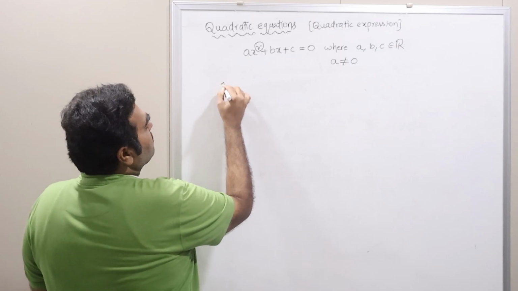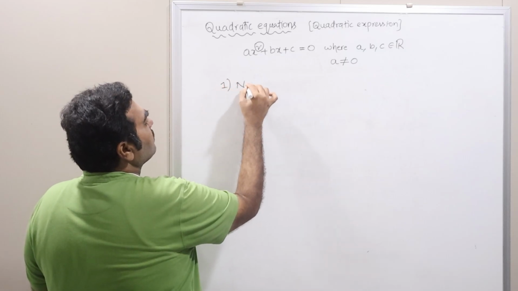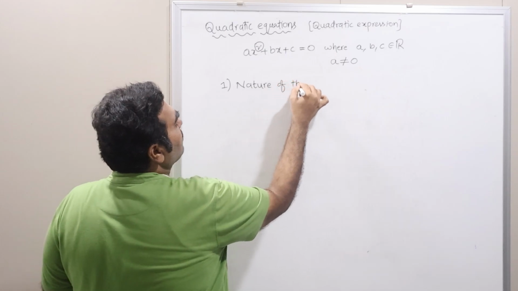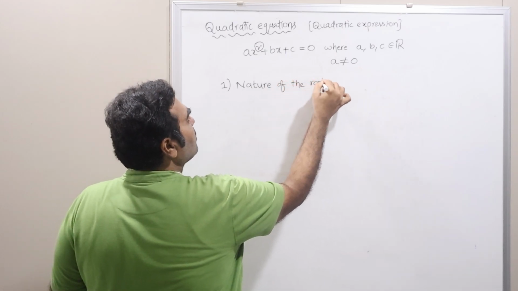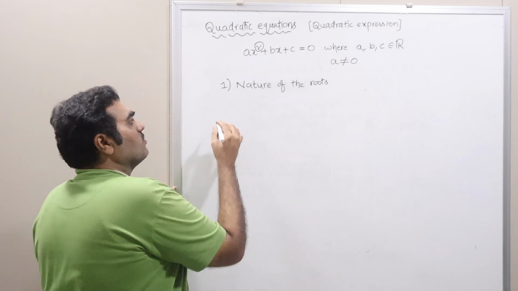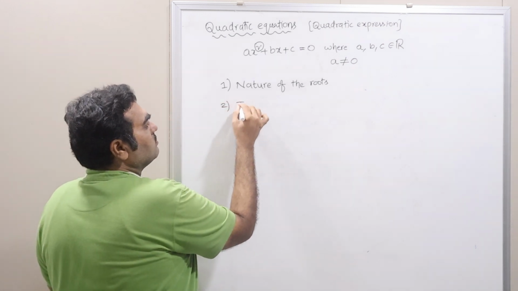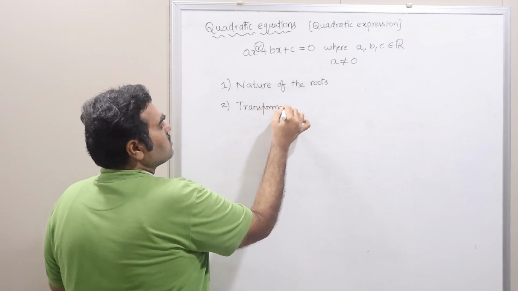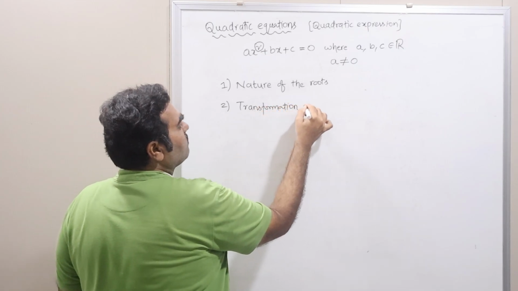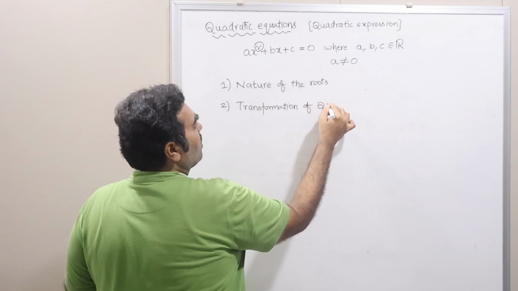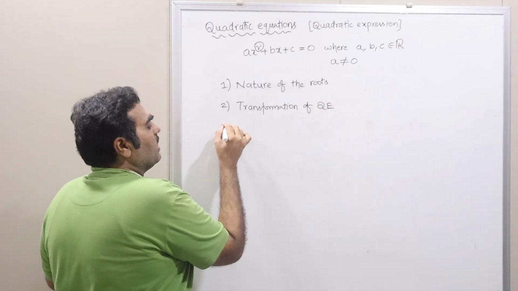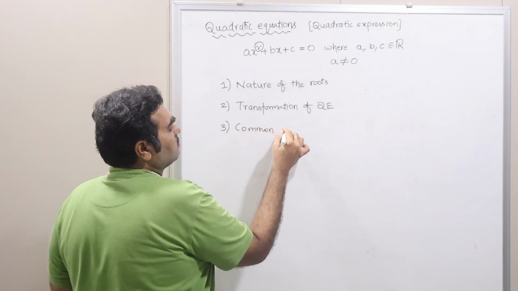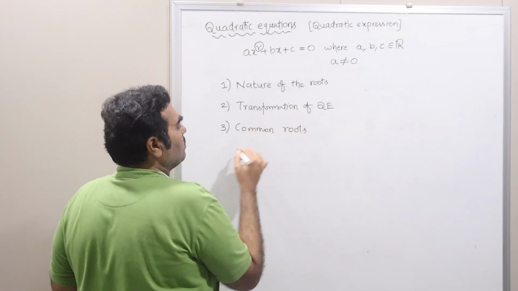First of all, we are going to start with considering the nature of the roots, and then we will see transformation of quadratic equations, and then we may consider common roots.